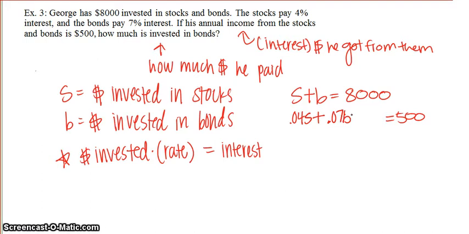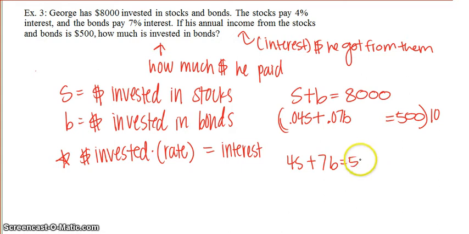So now that we have this, I don't want to have fractions, okay? I don't want to have decimals. So I'm going to multiply this bottom one by 10 for the purpose of getting rid of the decimals. So now I have 4S plus 7B equals, and it's going to be 50,000. Wait, just kidding. It's going to be not 50,000.